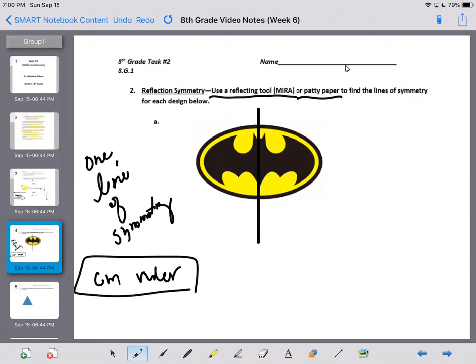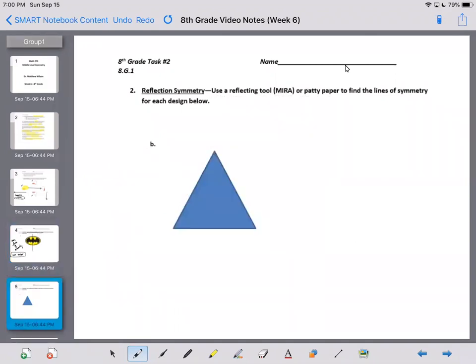All right, let's look at the second one. Here, we see that we have a triangle. When we think of lines of symmetry, we can think of the vertices, and that's plural for vertex. We have 3 sides, 3 angles. If I drew a line vertical through the top vertex, then we would be able to fold this in, the left side onto the right side, and have symmetry.